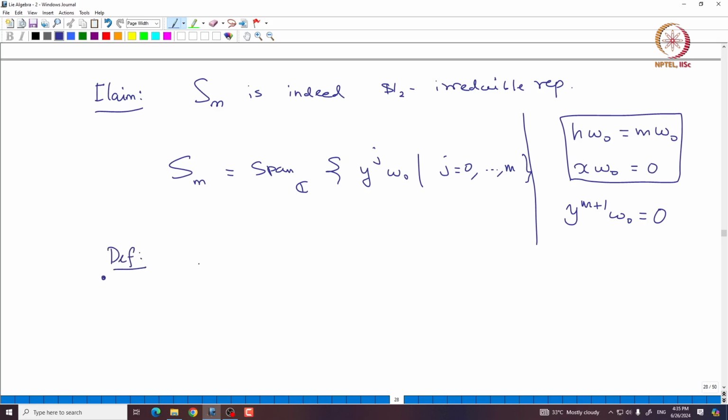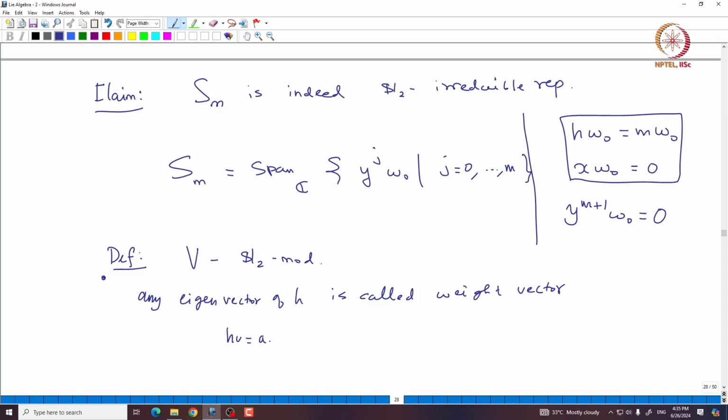Definition: this is true for any SL2 module. Let V be an SL2 module. Any eigenvector of H is called a weight vector, and suppose the weight is A. Then A is called the weight of the weight vector v.